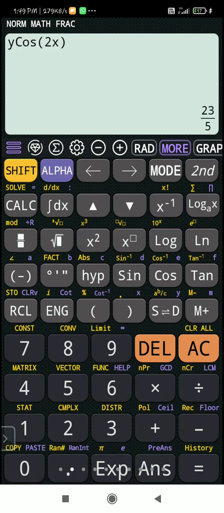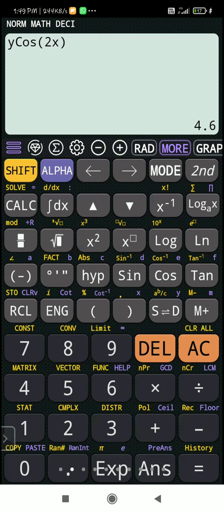Now, what is y cos 2x in your calculator? Tell me what value you are getting. I'm getting 23/5. Are you also getting it? 23/5. Yes. Now, Devange got 4.6. How did he get 4.6?